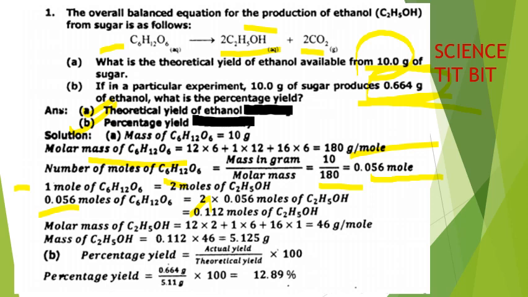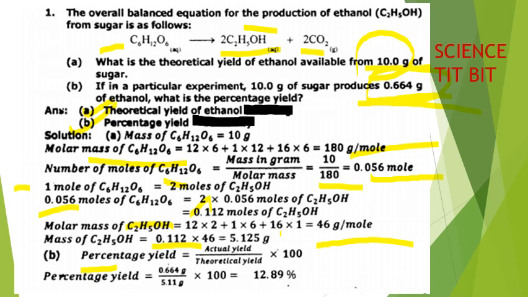But for the theoretical yield, I need to convert it into grams, right? So I have to find out the mass of ethanol, and then multiply it with the moles I have got from the theoretical yield. That is 5.125 grams.